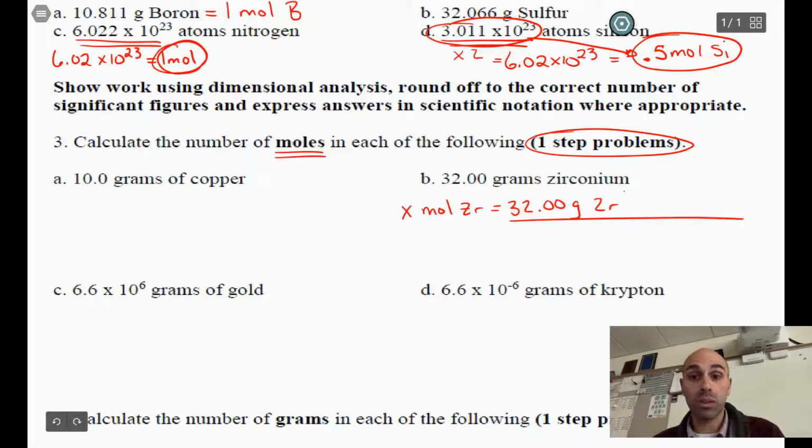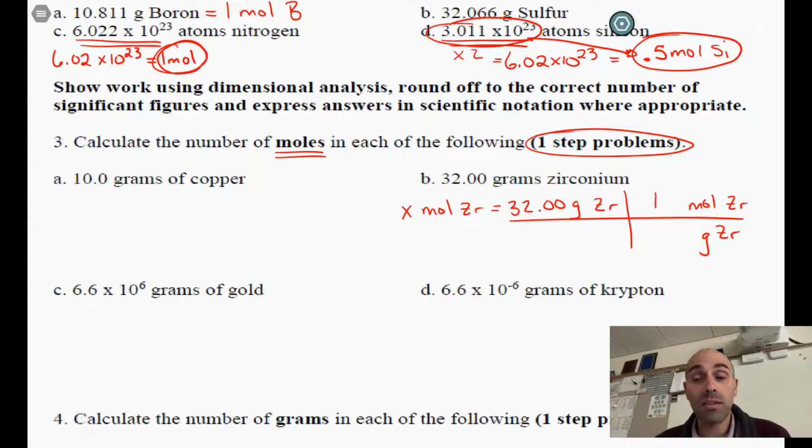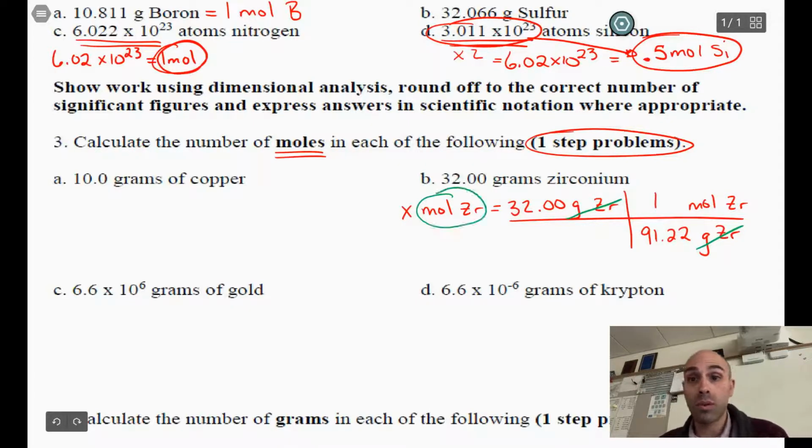So X moles of zirconium equal 32.00 grams of zirconium. Now, the relationship that allows us to go from grams to moles and moles to grams is the molar mass taken from the periodic table. The molar mass of zirconium is 91.22 grams, and that is per 1 mole. Take a look, our grams of zirconium cancel. We wanted moles, we were left with moles.